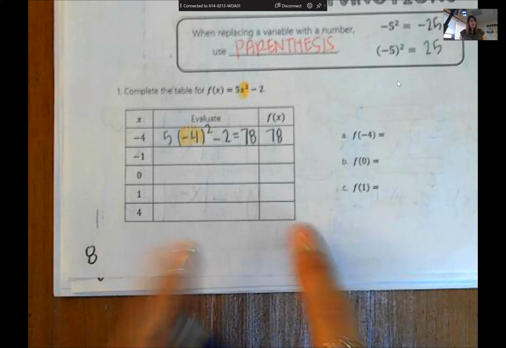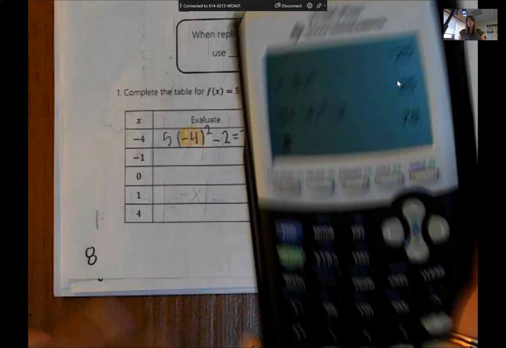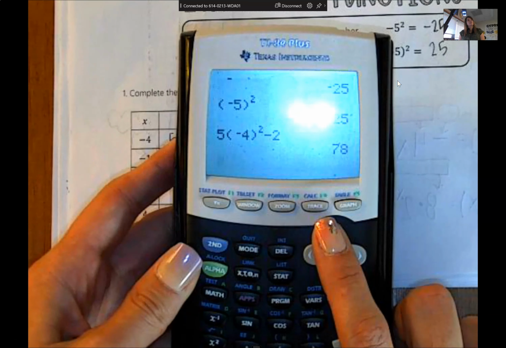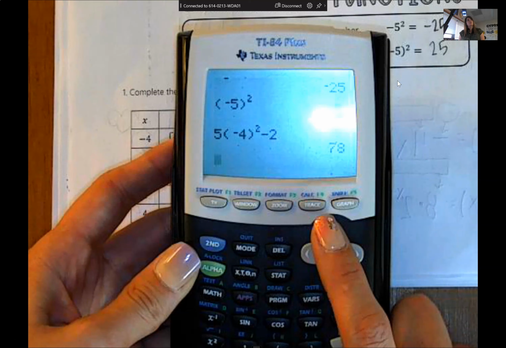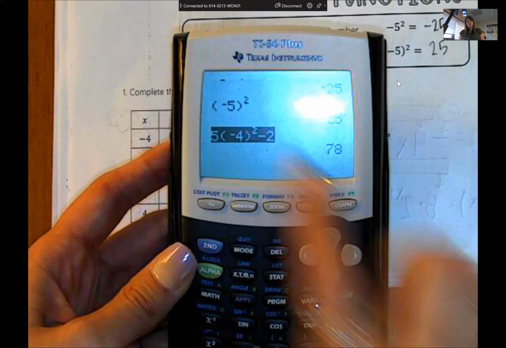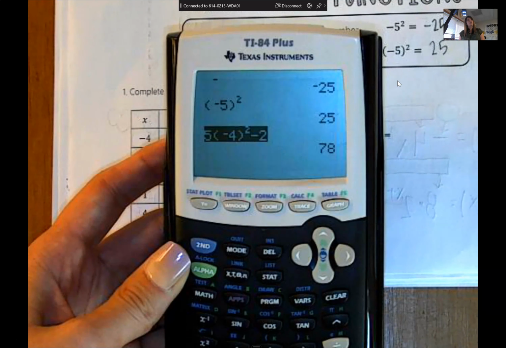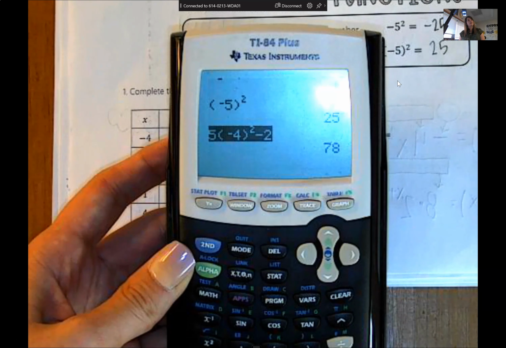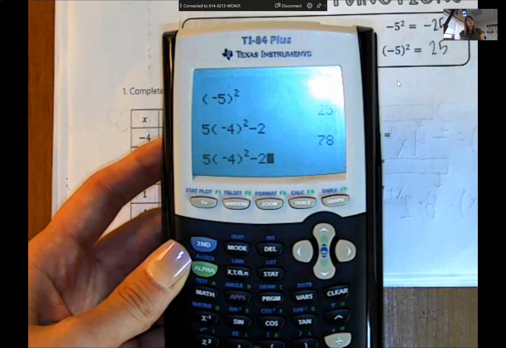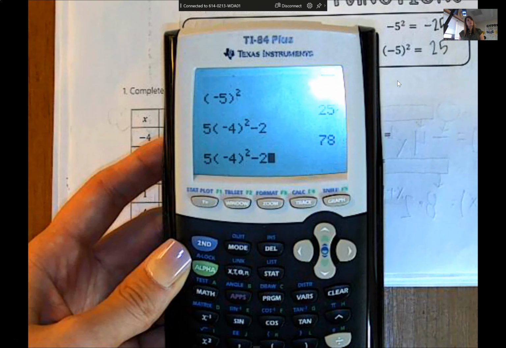And now, part of why I like these calculators is we can just copy what we just entered and use it again to evaluate the next one. So I'm going to arrow up. You use your up arrows. You'll see a little black rectangle now on the function. You hit enter. So once you have the black box, you hit enter and it copies it for you.